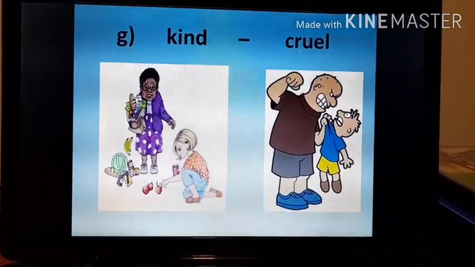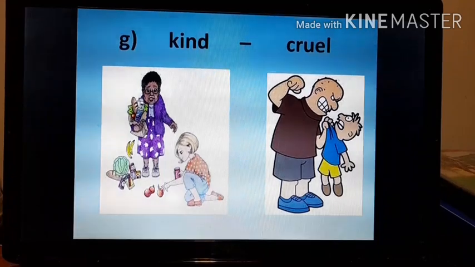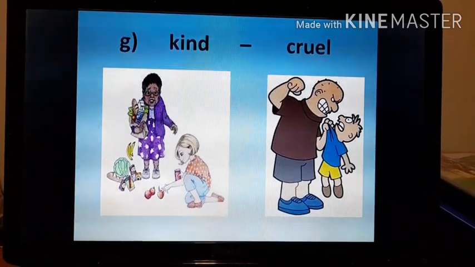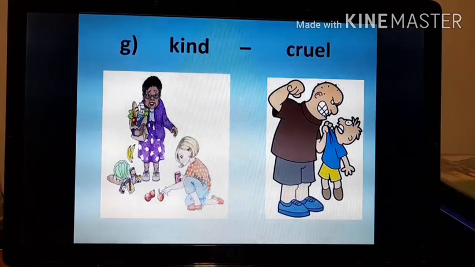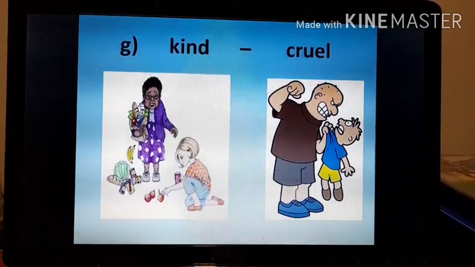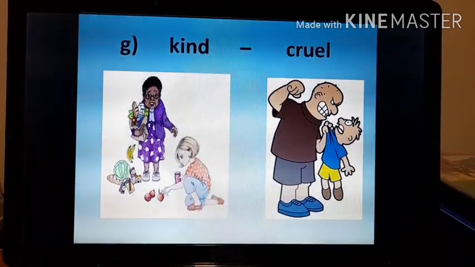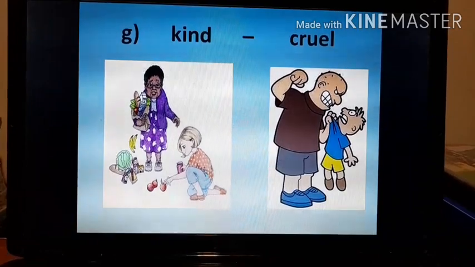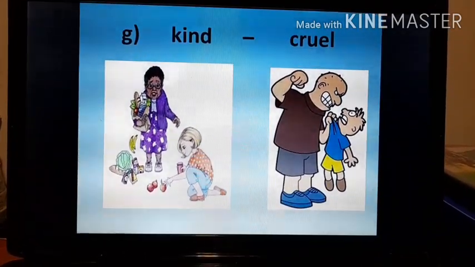And in the second picture you can see a big strong man is troubling a little kid. So kind and cruel. Kind means dayalu, okay, who help others, and cruel means निर्दयी, जो दूसरों को परेशान करते हैं, trouble करते हैं, who troubles other, right? So kind, the opposite of kind is cruel.